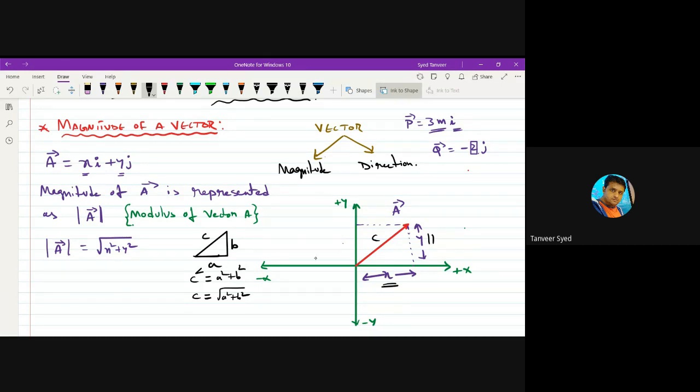Root x square is equal to x, root y square is equal to y, but root of x square plus y square is not equal to x plus y. You cannot cancel the square and square root because they are in addition.